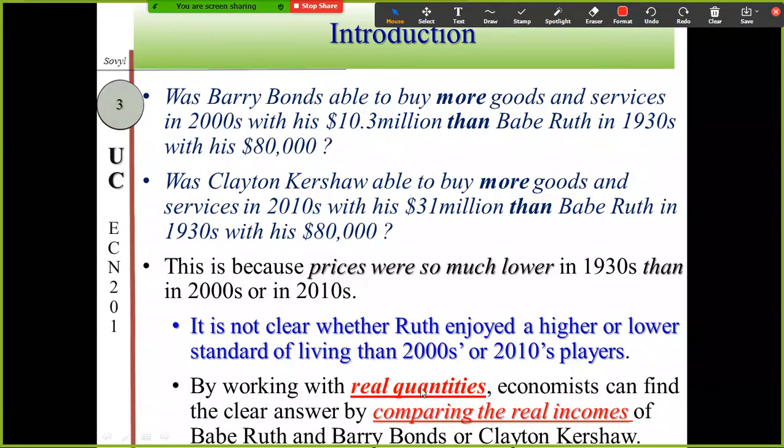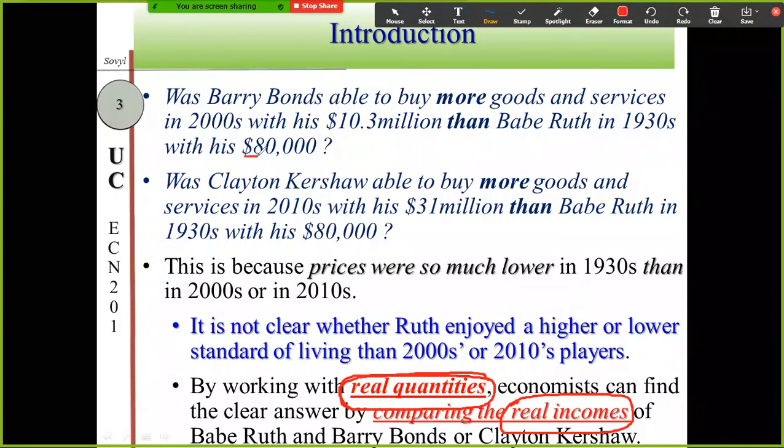That's why, in order to answer these two questions clearly, we need to find real quantity or real income.